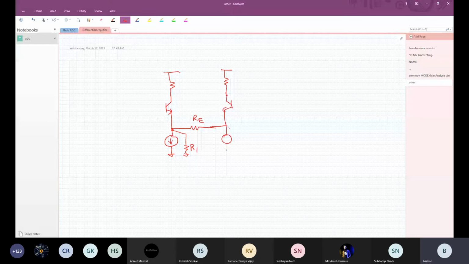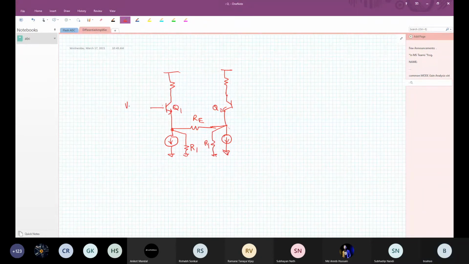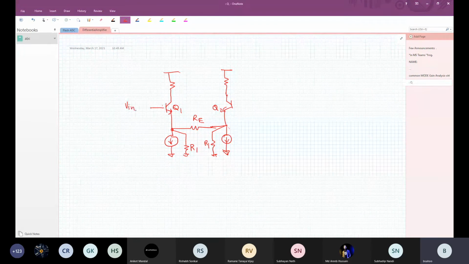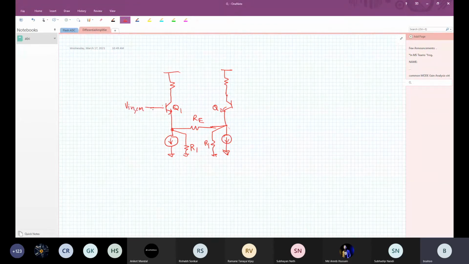So Q1, Q2, V in common mode. Now the common mode keeps on changing.